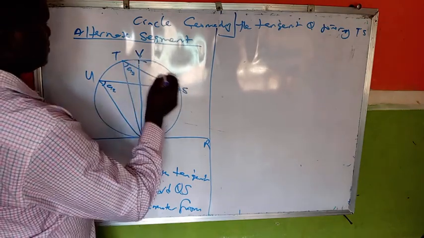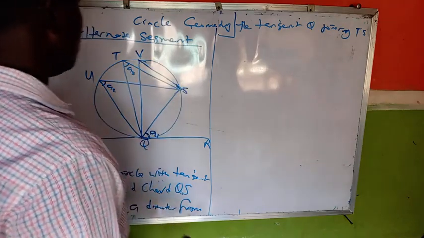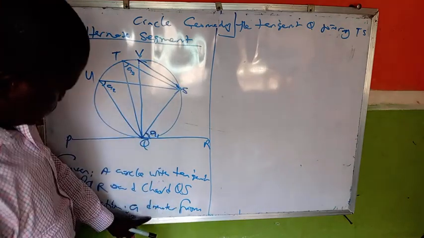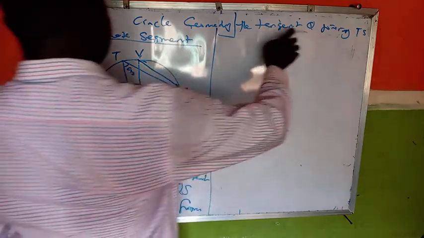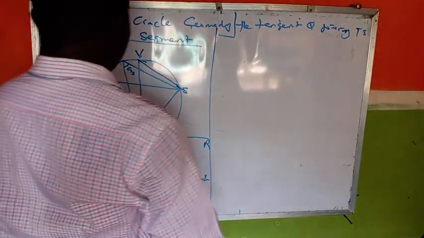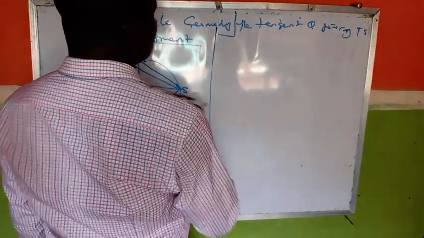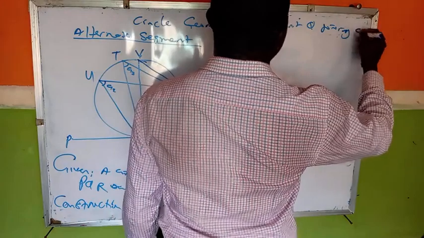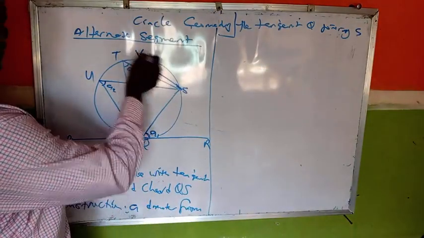So you construct that diameter from the tangent at Q. This is it. And then join V with X. So you simply join it with X here.